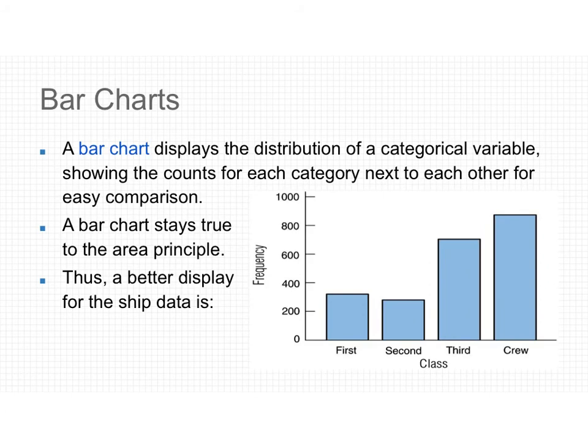All right, so a bar chart, which you're probably pretty familiar with, kind of like a histogram, displays the distribution of a categorical variable, and it keeps the area principle true. So it's a better display of this, because everything fits together and looks more comparable.